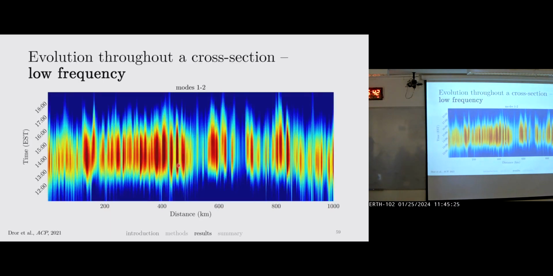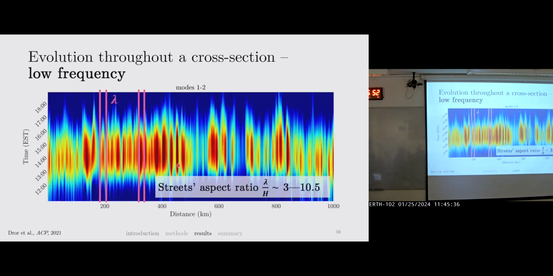They're not blobby anymore, they're continuous, they're vertical, exactly orthogonal to the cross-section. And from this representation, I can try to estimate some of their properties, for example, their wavelength or their aspect ratio. Actually, we get values that agree very well with the values reported in the literature for continental cloud streets, for Rayleigh-Bénard convection, and so on.